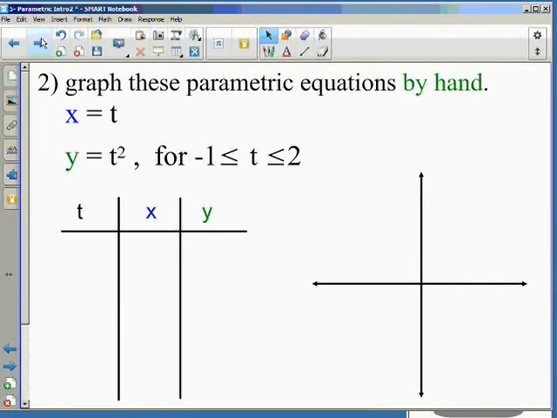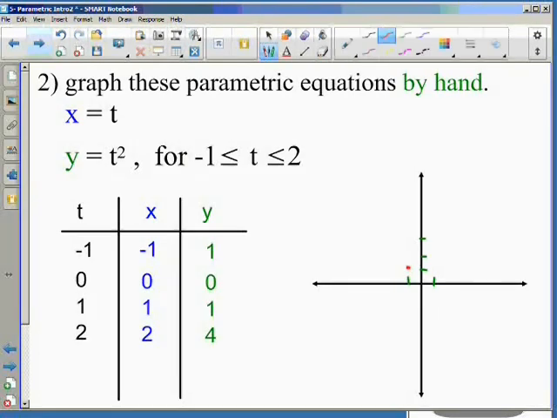Try this one. We have -1, x becomes -1, y becomes -1 squared, which is +1. And if we plot that point, we get -1, 1. The remainder of the values, 0, 0, 1, 1, and then 2, 4.